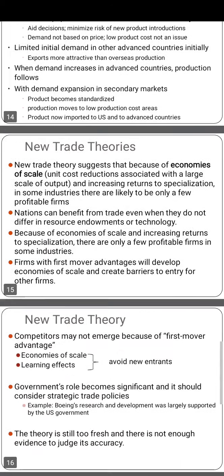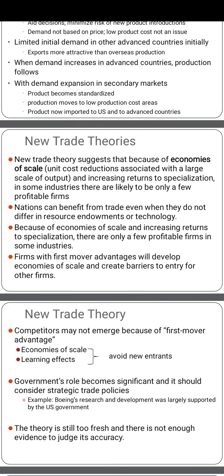Now comes another theory, the new trade theories. New trade theories suggest that because of economies of scale, the unit cost reduction associated with a large scale of output, and increasing returns to specialization in some industries, there are likely to be one or a few profitable firms.